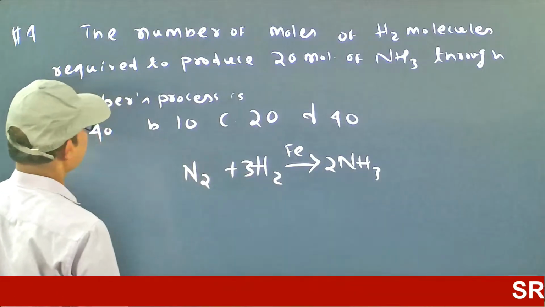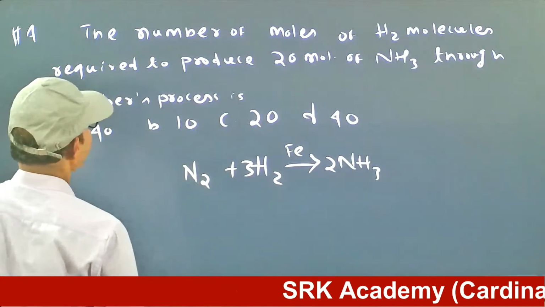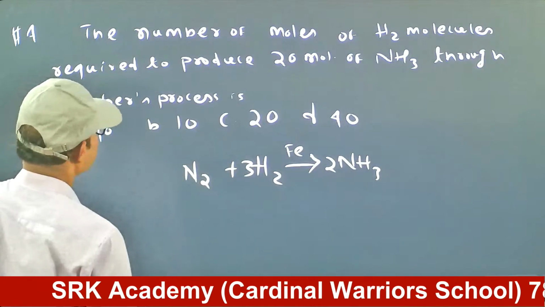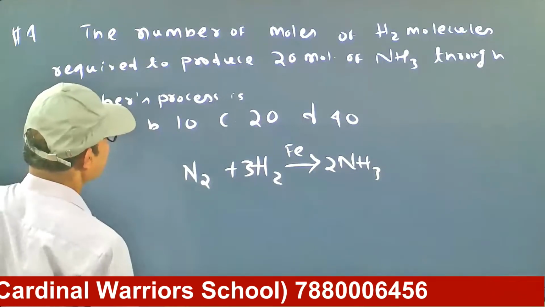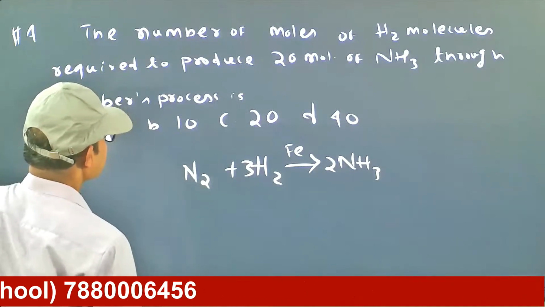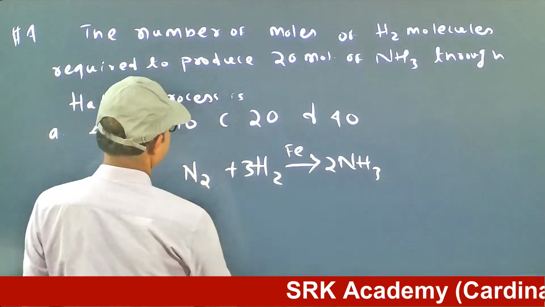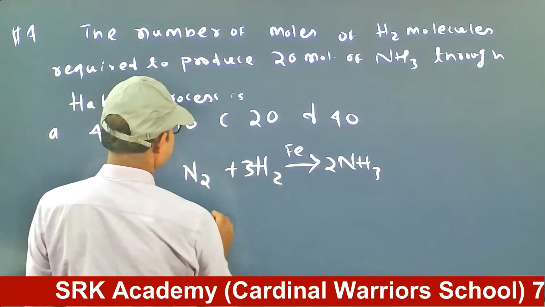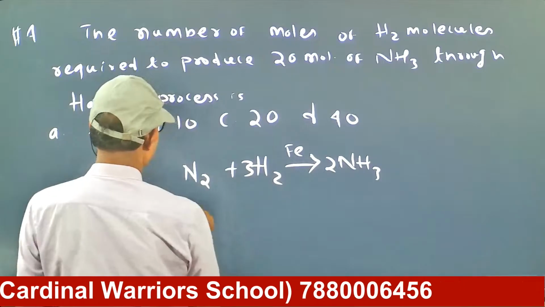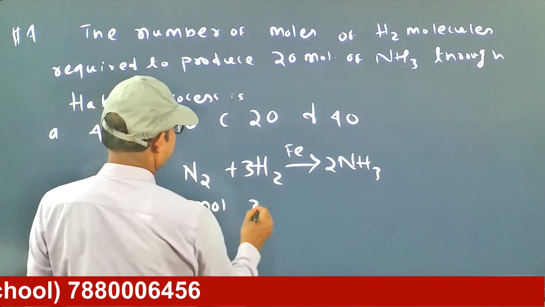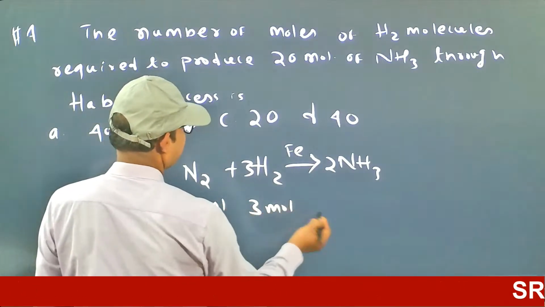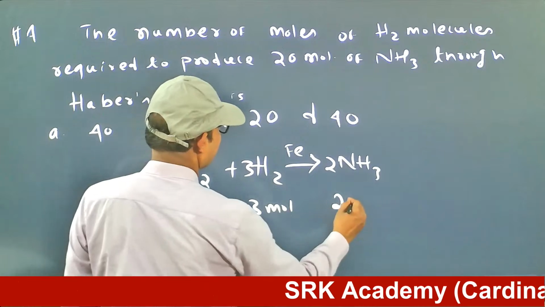So clearly the number of moles of hydrogen molecules required to produce 20 mole of ammonia, right? So clearly from the balanced chemical equation, 1 mole of nitrogen combines with 3 moles of hydrogen to form 2 moles of ammonia, right?